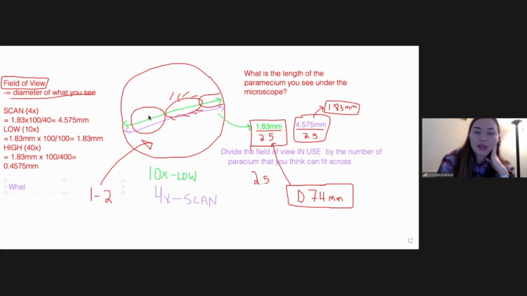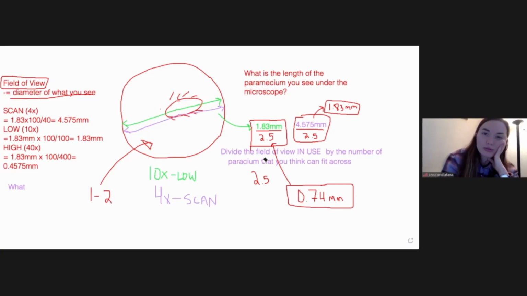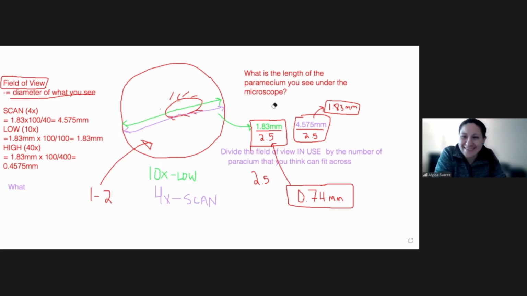So we're guessing how many go across the field of view, and you take the field of view and you divide it. The answer I have here is not the answer to your packet. I'm not going to give you all the answers to your packet. I'm teaching you how to do it so that when you go into the lab you know how to do that question, substituting the numbers.